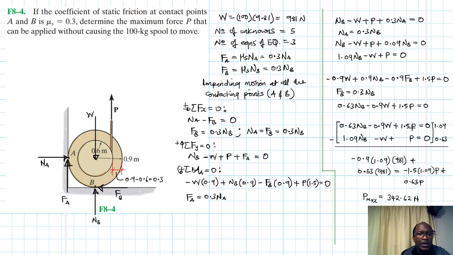Great. This is the maximum value of P that can be applied without causing the spool to move. But mind you, like we said, there is impending motion, so the moment we increase this P max by even 0.01, the slip takes place.